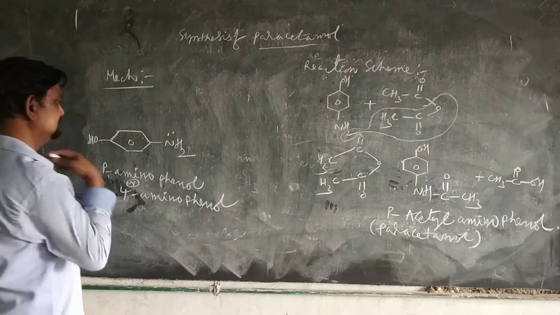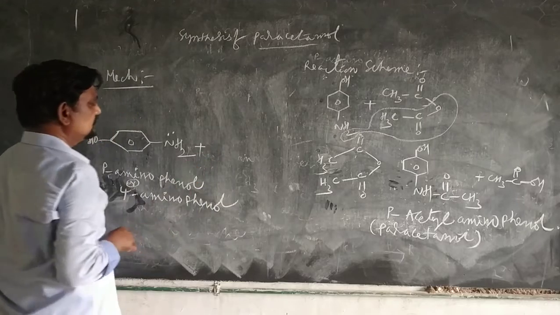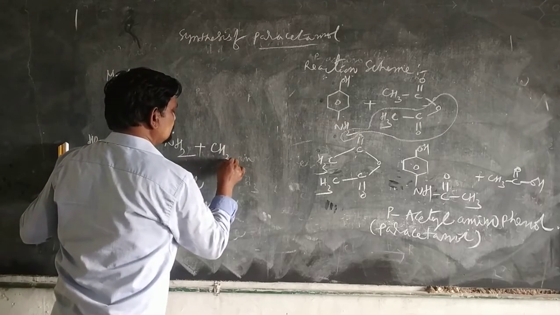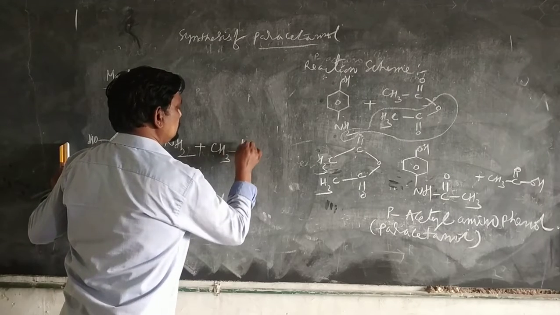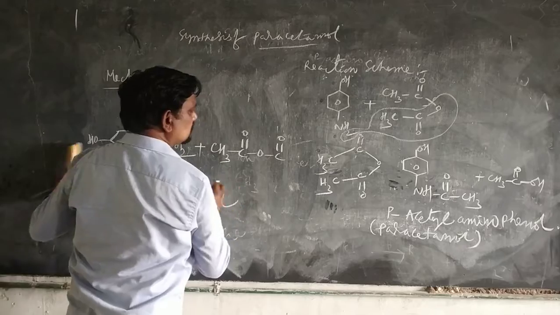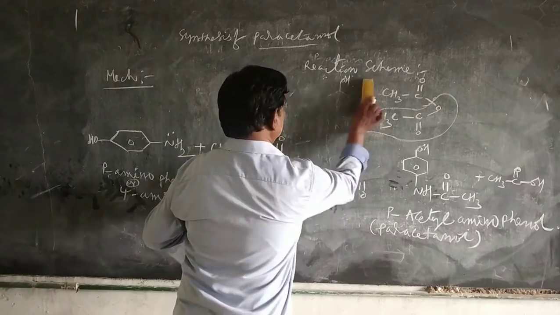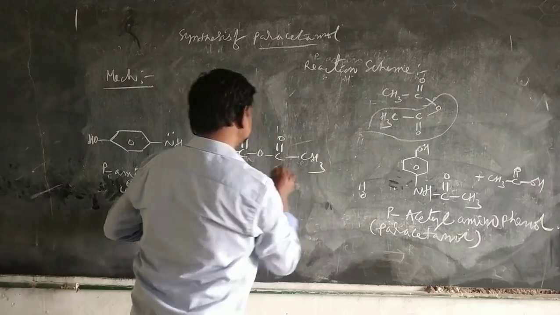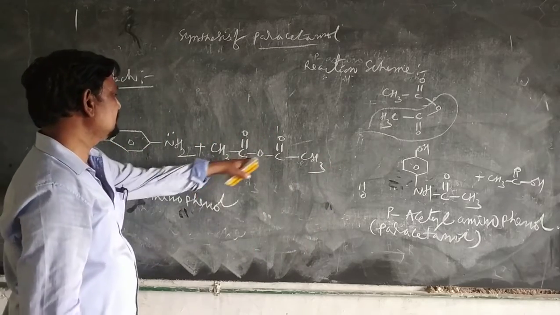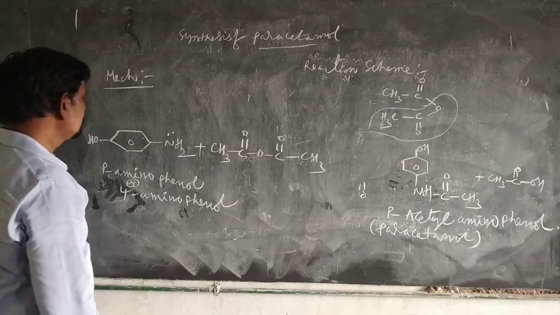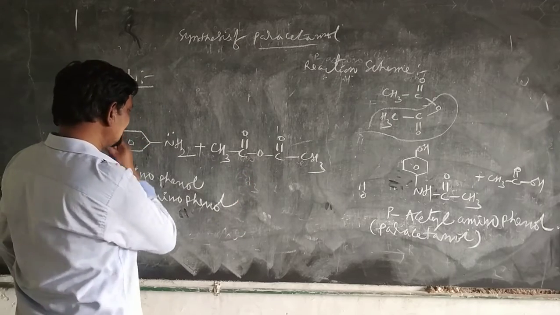It is treated with acetic anhydride, CH3CO, CH3. In acetic anhydride, carbonyl groups are there.